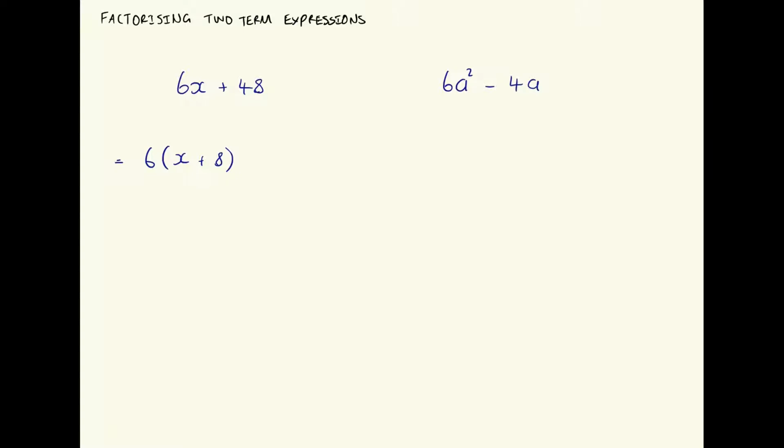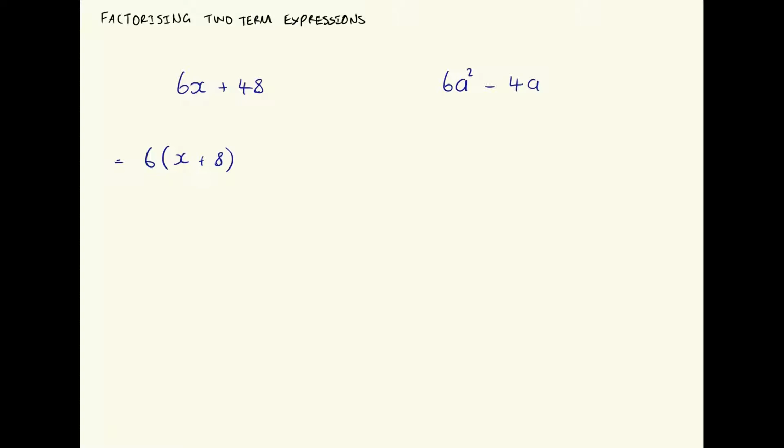The second example is a little bit more difficult. It's still the same principle, but notice now we have pronumerals or letters. And so when you have letters, you have to assume that those letters will represent the same number. For example, if we knew that a was equal to, let's say, 10, then the highest common factor of 10 and 10 is 10. So whenever you have letters that are the same, the highest common factor of a and a is just a.